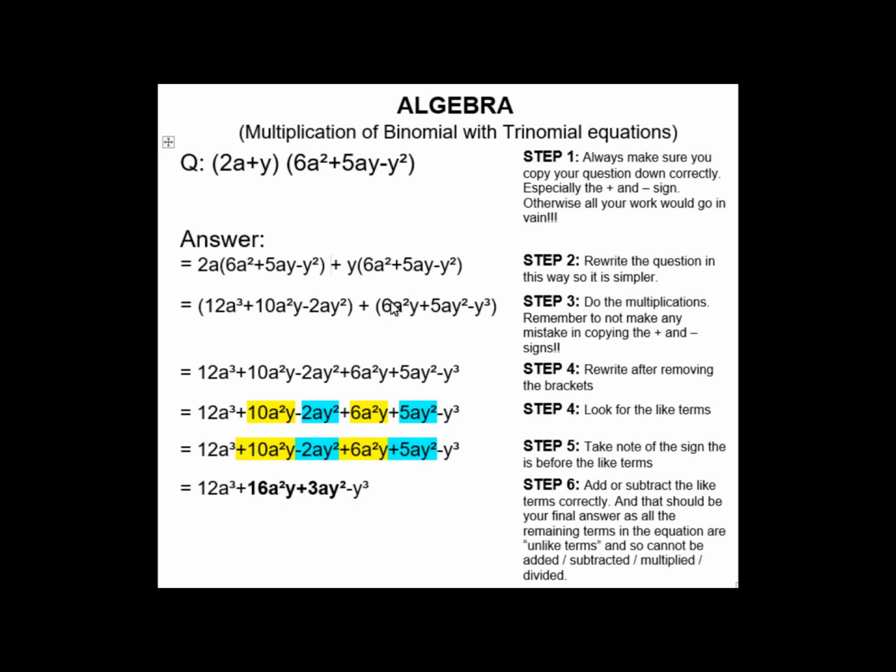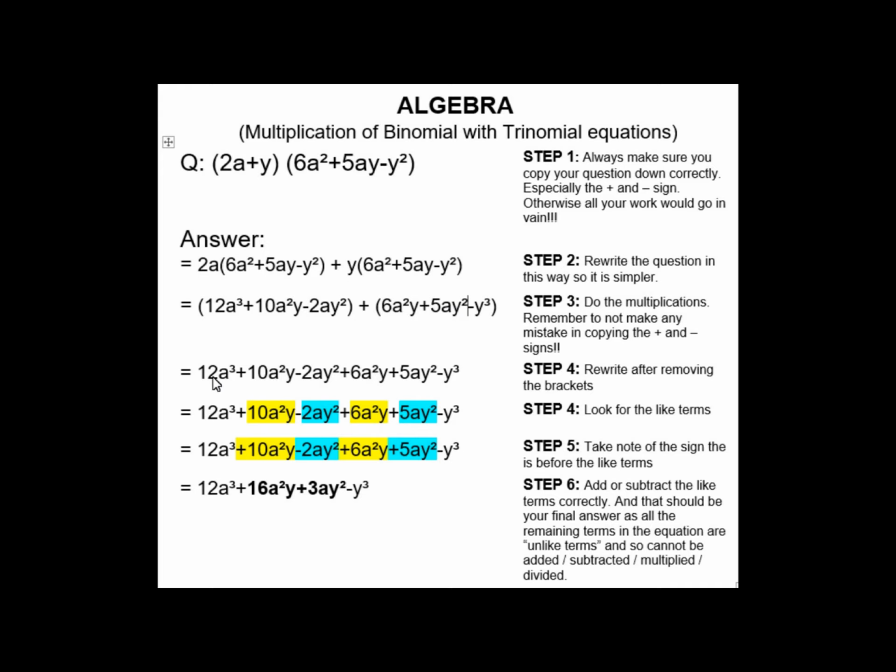Since all the multiplication is done, now in this fourth step, we just have to rewrite this entire equation by removing the brackets. Just remove the brackets and rewrite the equation. Be careful of your signs again. Don't make a mistake.